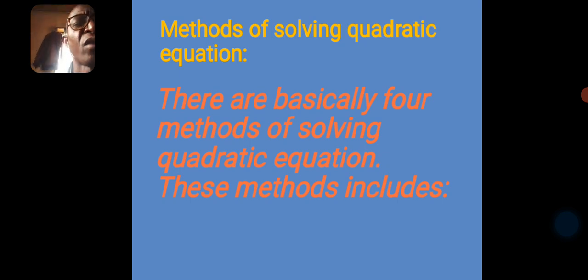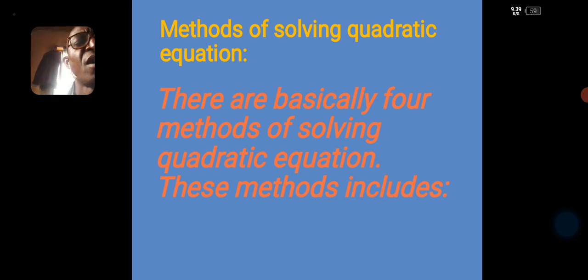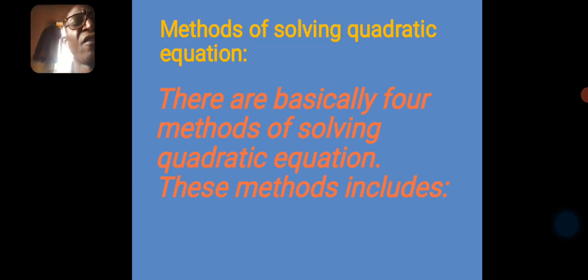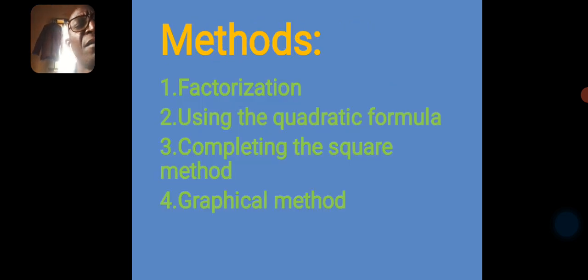Methods of solving a quadratic equation. There are basically 4 methods of solving quadratic equation. Again, let me remind us, while in the course of this class, if you have any question to ask, feel free and stop me, and I'll give you opportunity to ask your question. Okay, we said there are 4 methods of solving the quadratic equation.